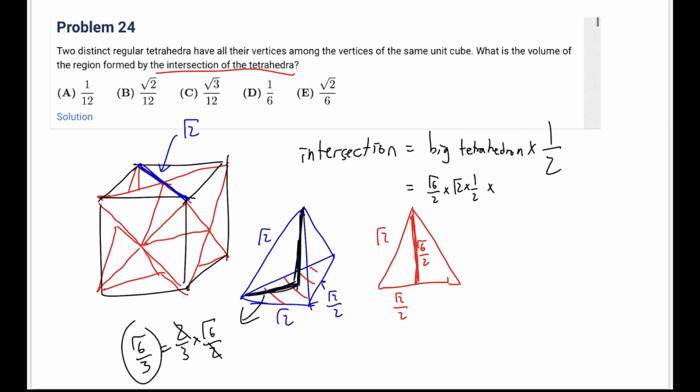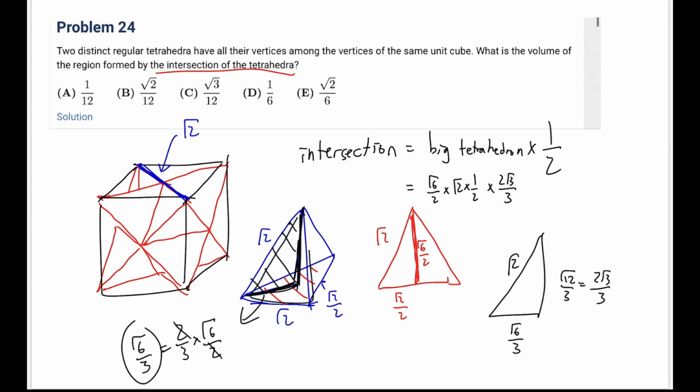So this one becomes, let's say it's this triangle, so that triangle now has root 2 and root 6 over 3. So this would be root 12 over 3, and so this will be 2 root 3 over 3.